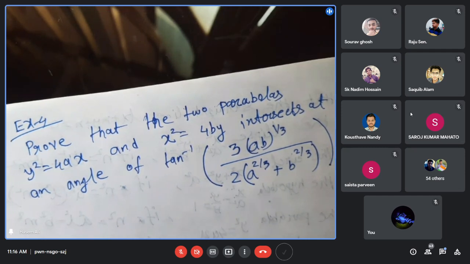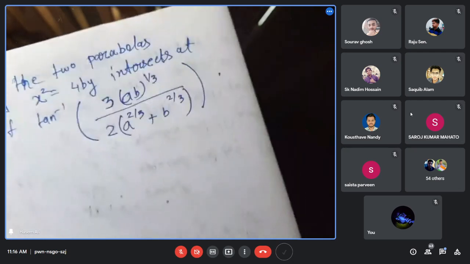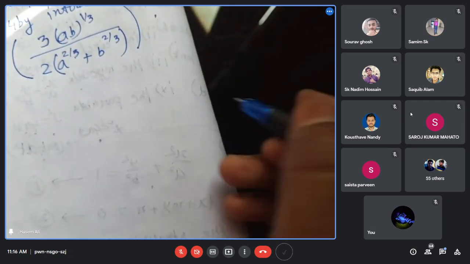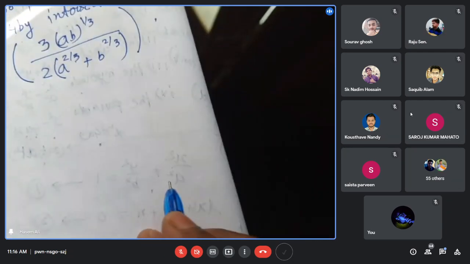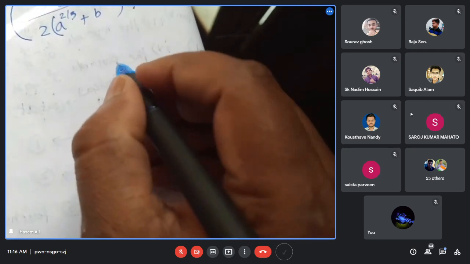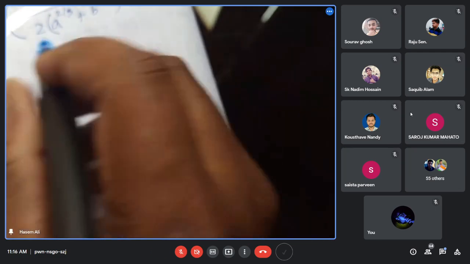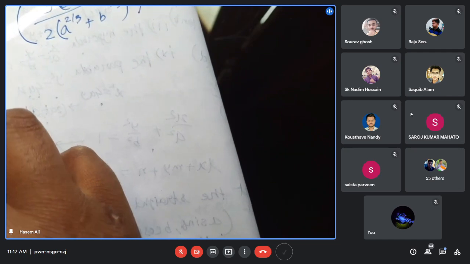Actually, the angle between the two parabolas means the angle between their tangents. Let one parabola be like this: y square equals to 4ax and x square equals to 4by.